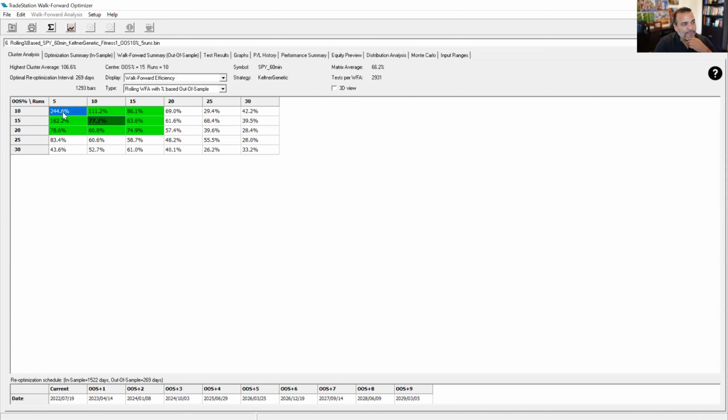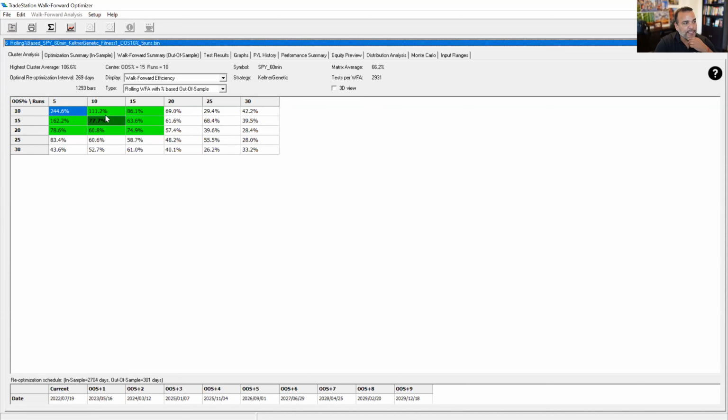Like in these cases, we have a 244%, 111%. So some of these are the ones that passed with distinction. The center of the cluster has a 77%, meaning that the out of sample did 77% as good as the in sample, which is a good number. If you guys remember the settings of the WFO, anything that is above 50% is considered passing.